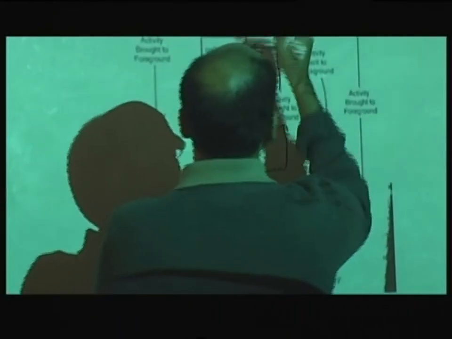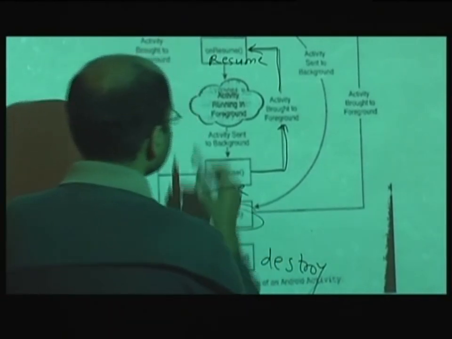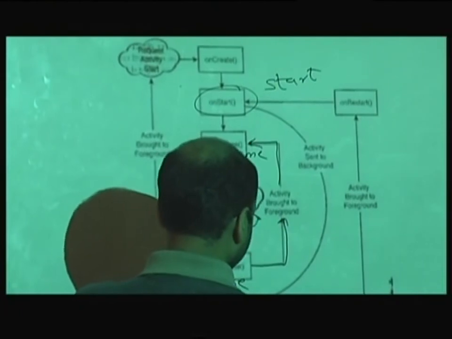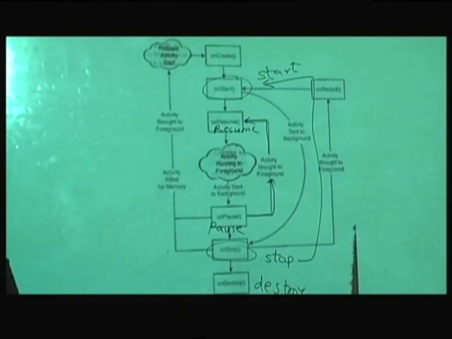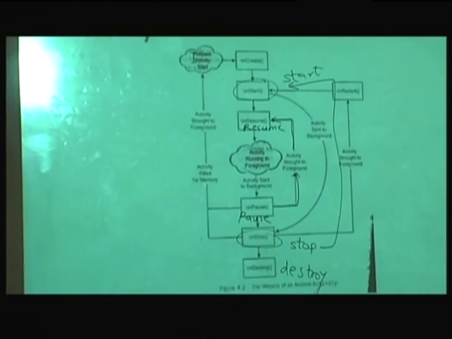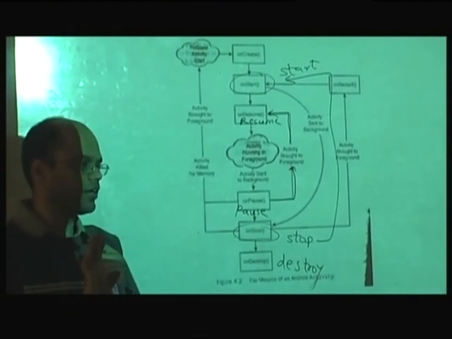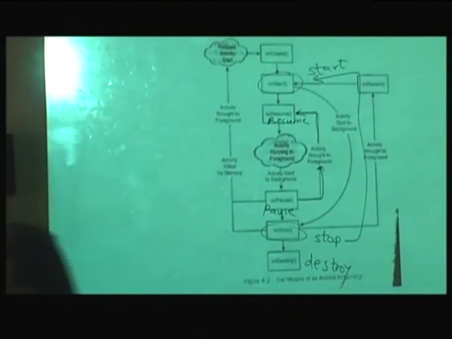The only additional thing is this part. There is something called start and there is something called stop. If I press the home button, the application doesn't get destroyed, but it goes to temporary memory. Pause means you actually pause the application, it is not running, so it is stopped in a way, and it can resume from wherever it has left.